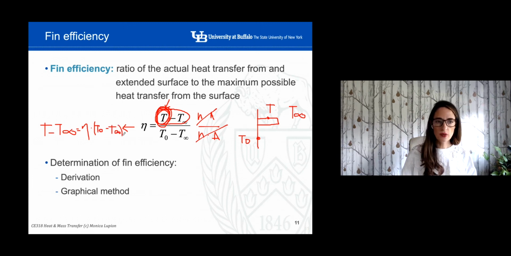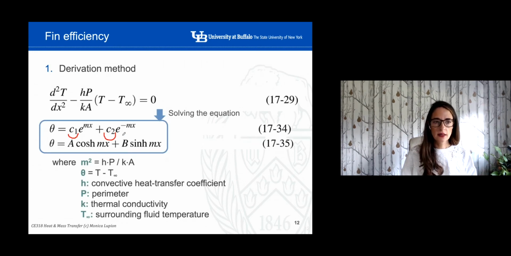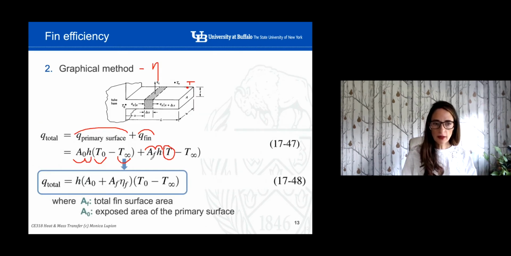Okay, so we substitute that into this equation here, and so here we can say that this is equal to the fin efficiency times T0 minus T infinity. And I know T0 is usually given in the problem.